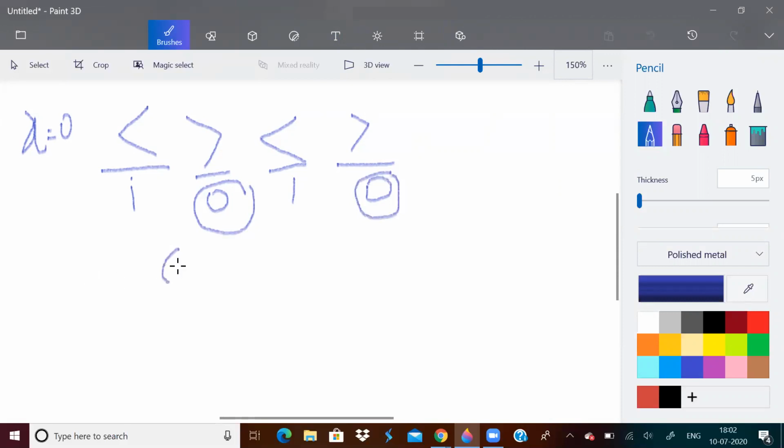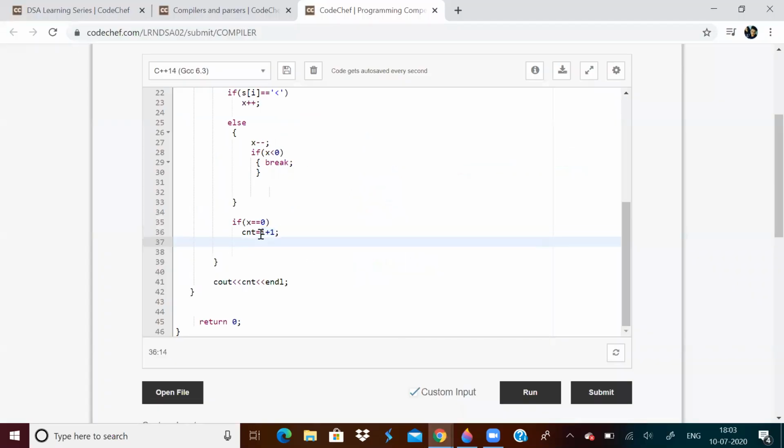So my count will initially be 0. But when x becomes 0, my count will become 2. Because count is i plus 1. And then my count will become 4. So I want the longest prefix, right? That is why I have to keep changing count as and when x becomes 0.